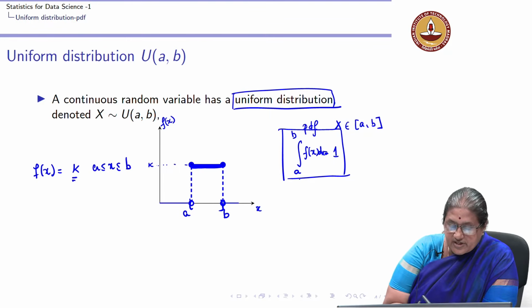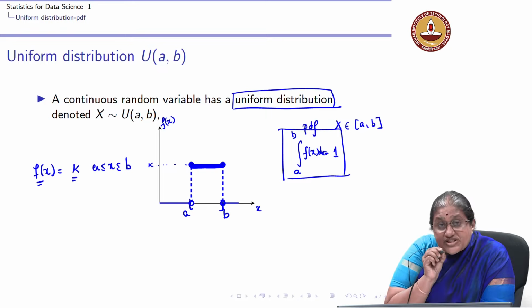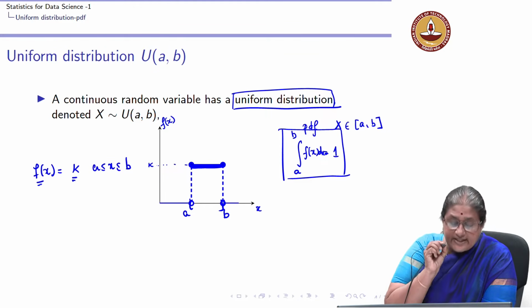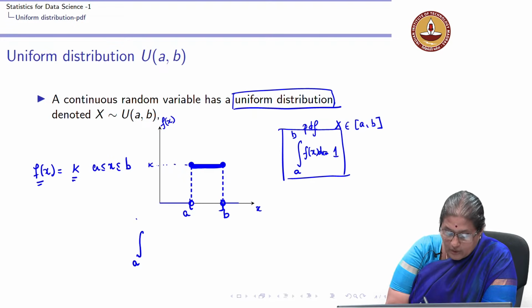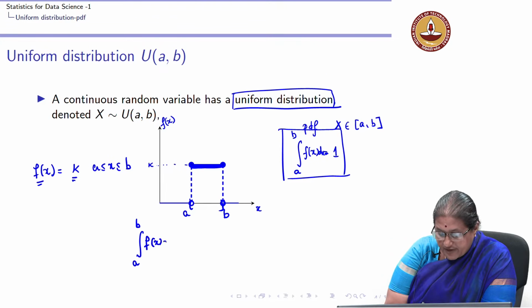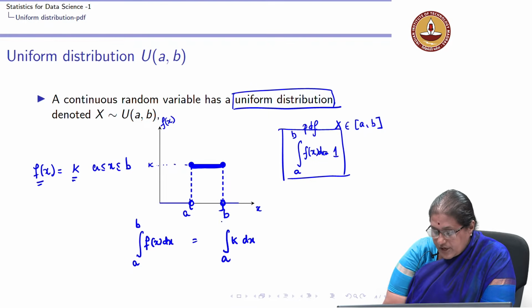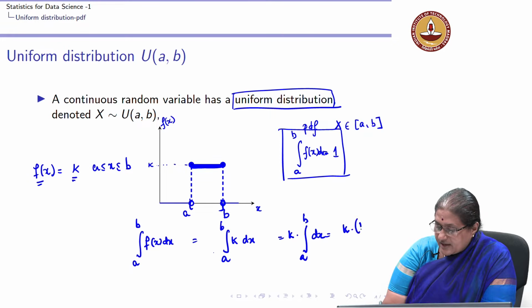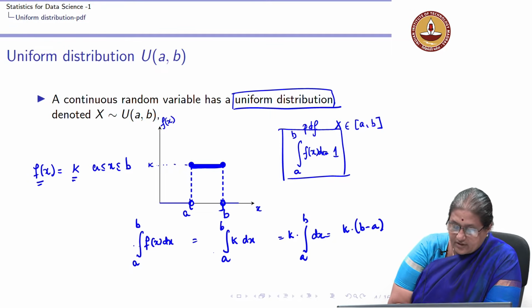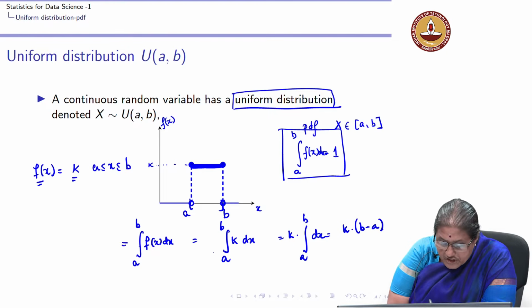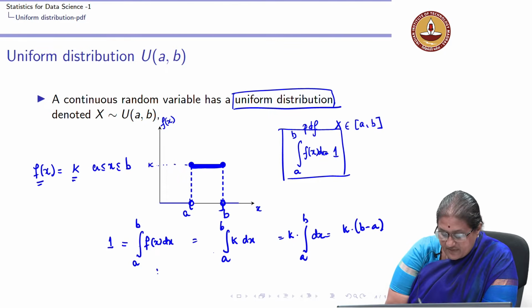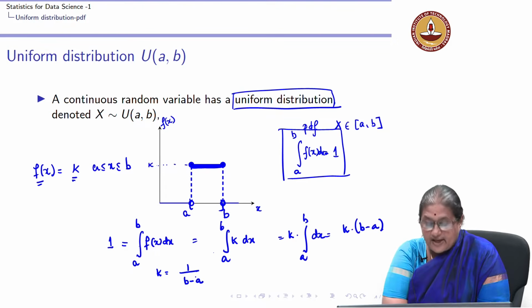If it is a constant density and if f of x has to be a probability density function, then I know the integral from a to b of f of x dx is the same as the constant times the integral from a to b of dx. The constant comes out, and this is k into b minus a. I know if this is a PDF, this should be equal to 1, which gives me the constant as 1 by b minus a.